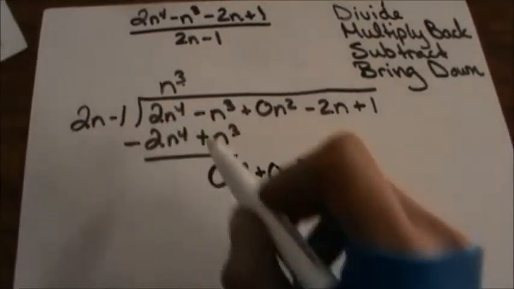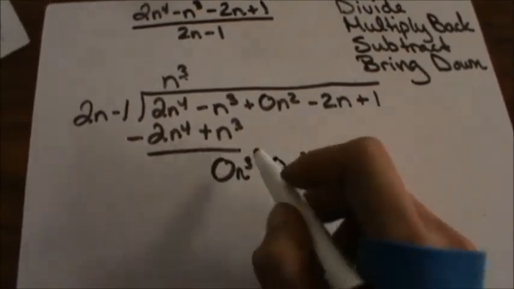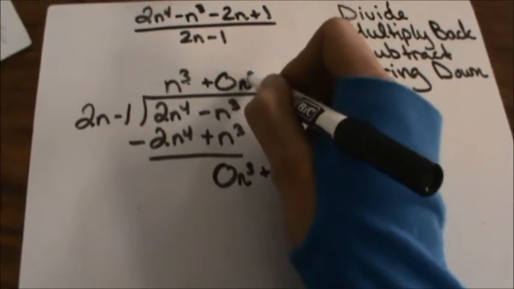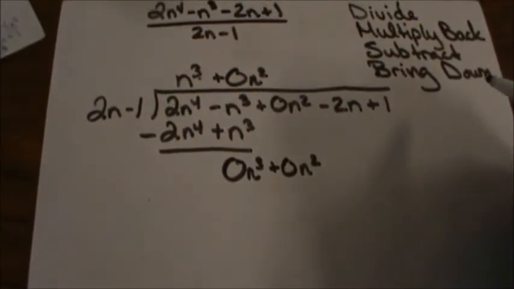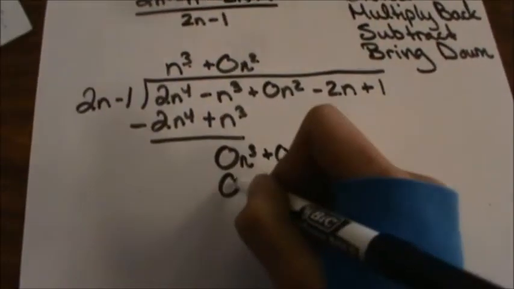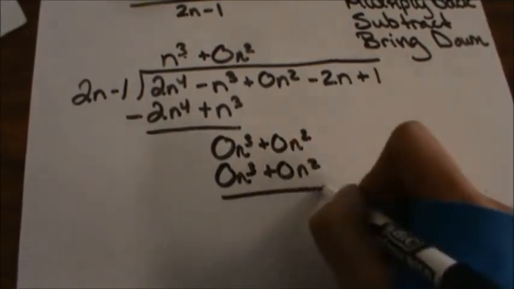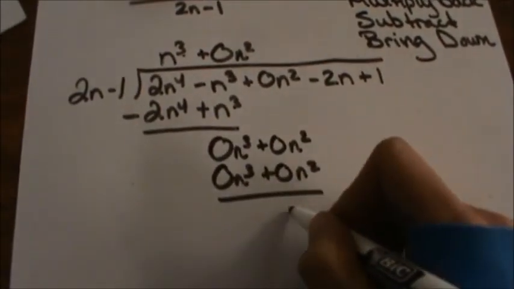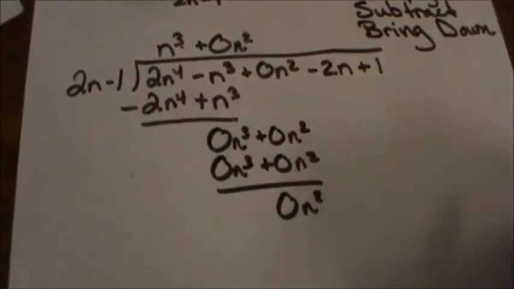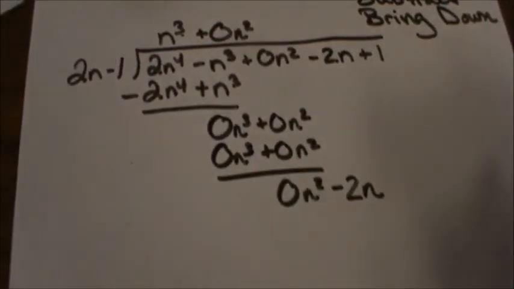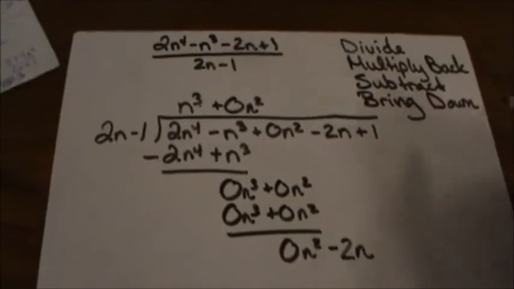Divide. 2n divided by 0 n cubed is 0. And I can put an n squared there, but it's really just 0. Multiply back and I'm going to get 0 again. When I subtract 0 from 0, I get 0 again. But now when I bring down, I have a term. Thank goodness. Okay, back to the top.